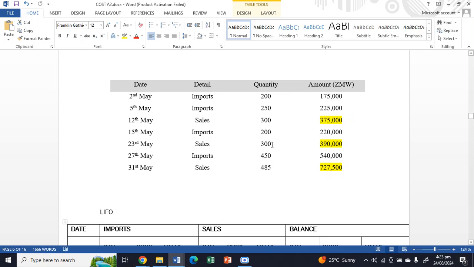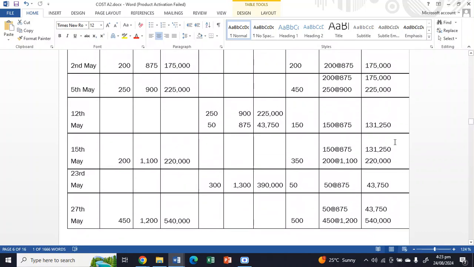23rd May, we sold 300 solar panels. So remember, we are valuing at cost price. So we sold 300. So we get from the last batch, last in, first out. So 200 at 1,100. Right.